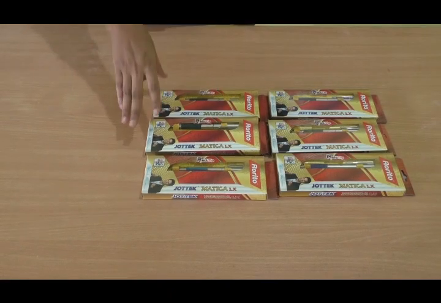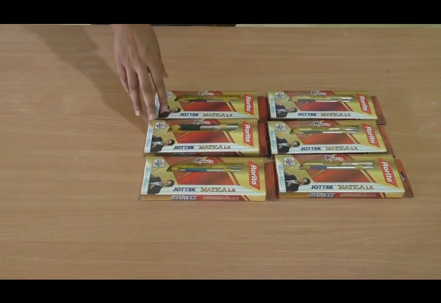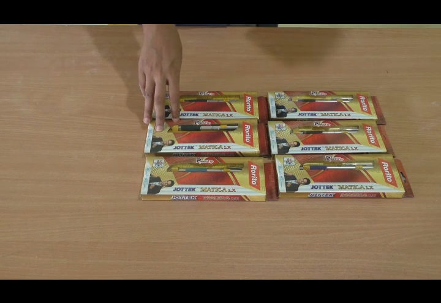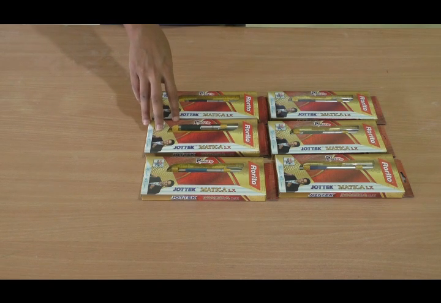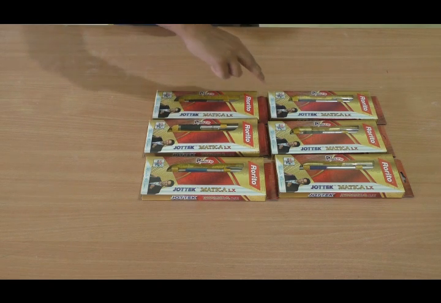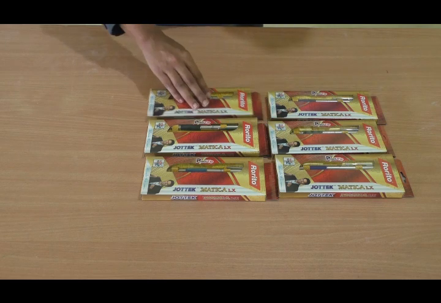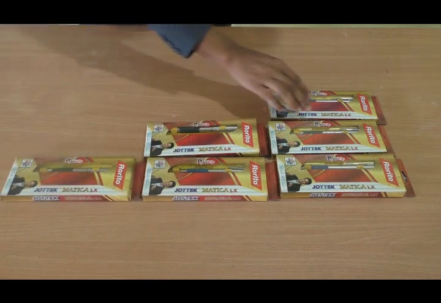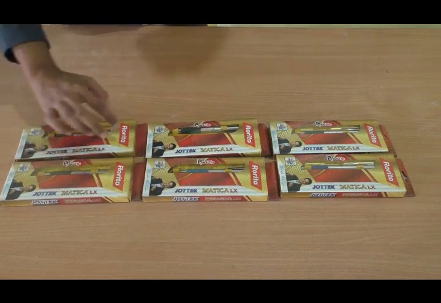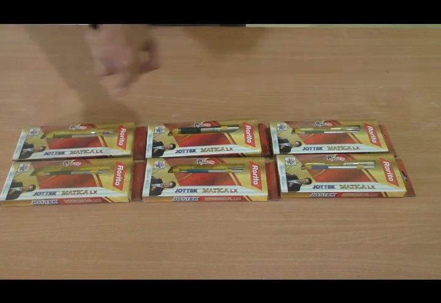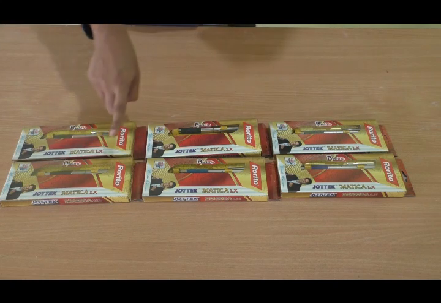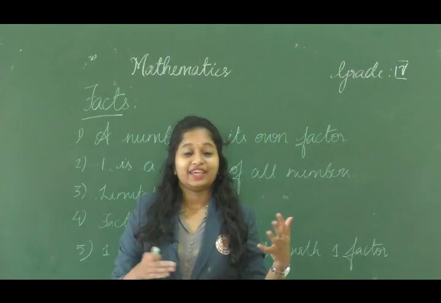So children, this is the third way of arranging 6 pens. That is 2 rows of 3 pens each. And the last way of arrangement is 3 rows of 2 pens each. There are 3 rows, and in each row there are 2 pens.